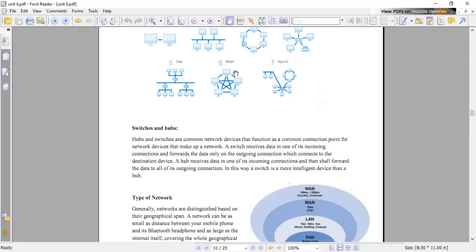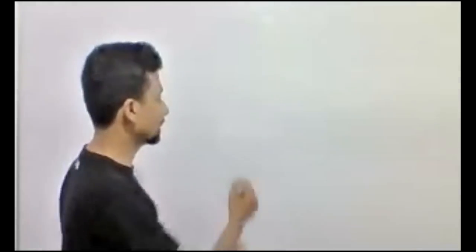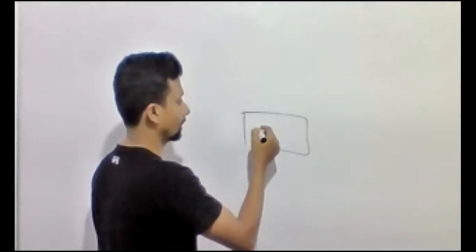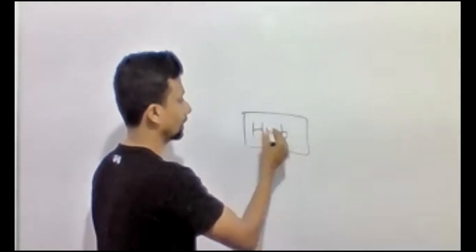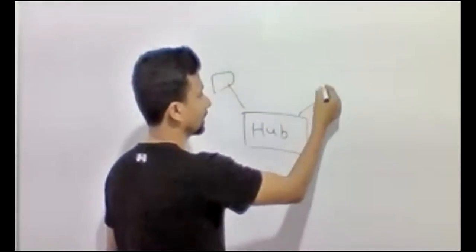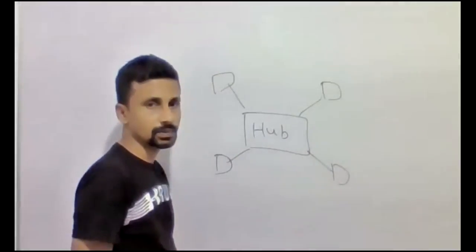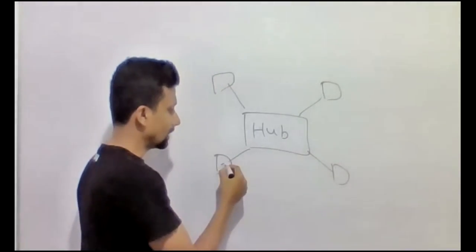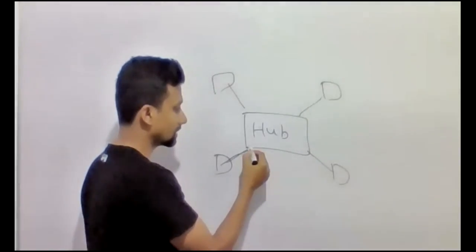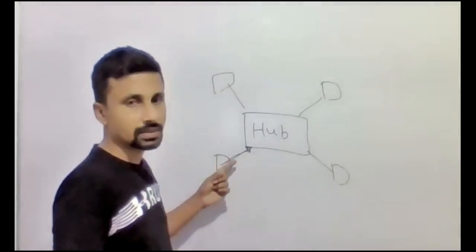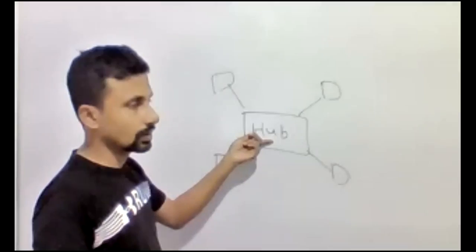Now, if I discuss them a bit deeper, I can tell something like this. If it is a hub, all these computers are connected through the hub. So what is happening when a message comes from this computer to the hub?